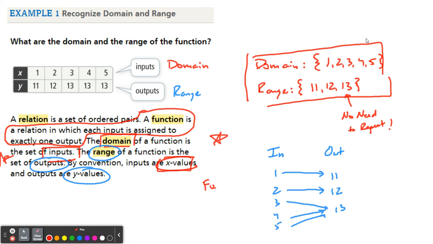So this relation is a function because each input has only one output. Sorry for the sideways writing. Function because each input has only one output. And again, the idea is that you only have one arrow going from each of these input values.